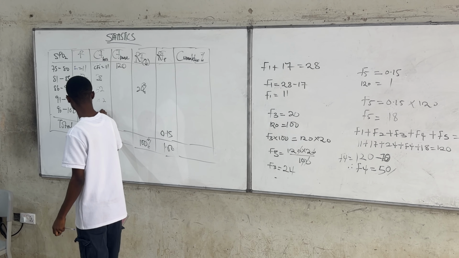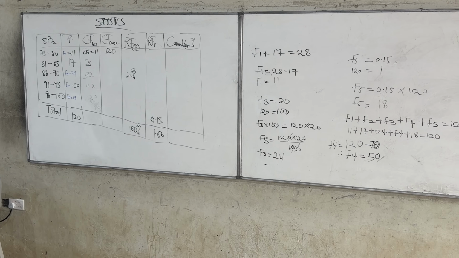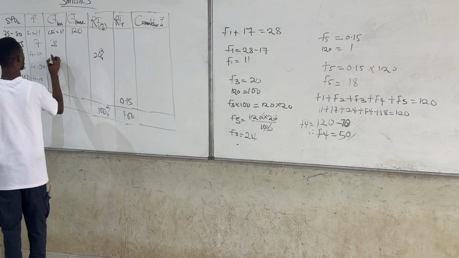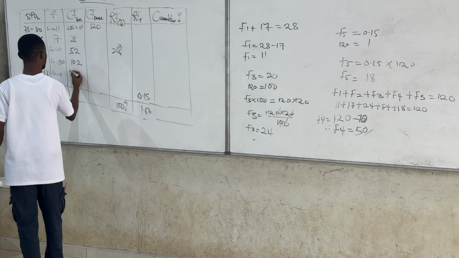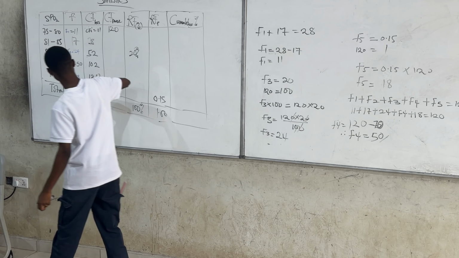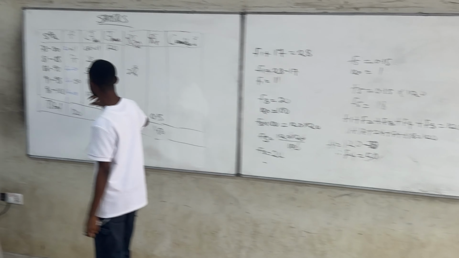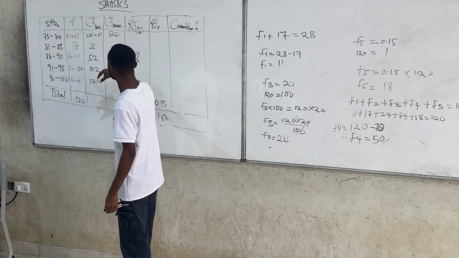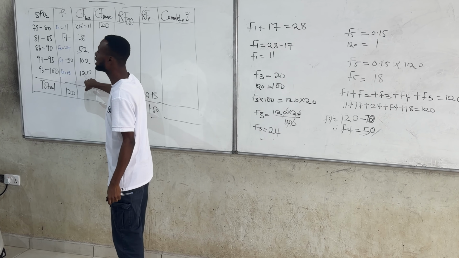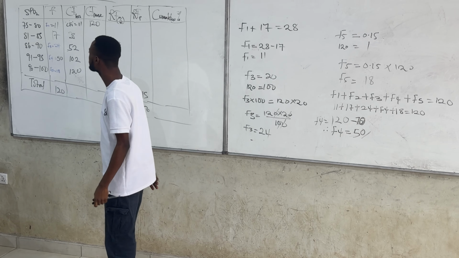Then this one will give you 120. And even with this one, we know we can apply the principle that when it comes to the CF more than, it's the same as the CF less than for the last number. So this is the last, so it's the same as this one.